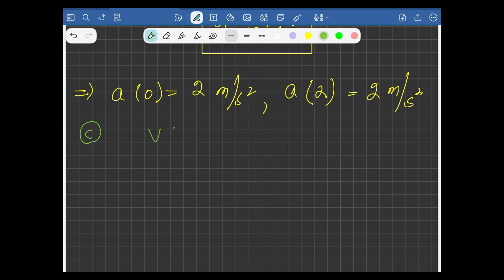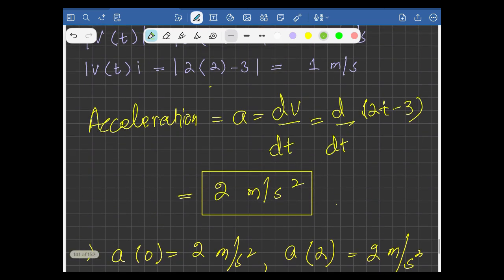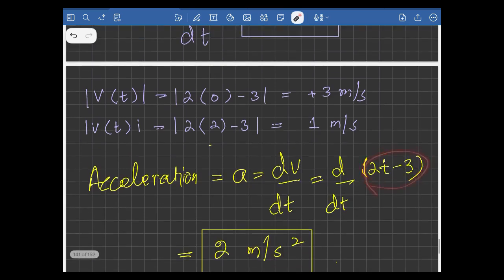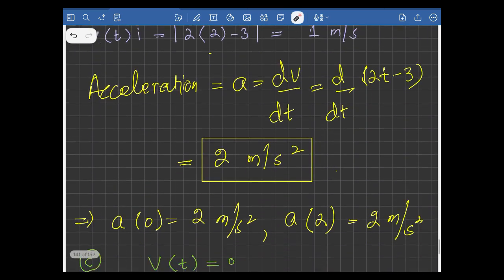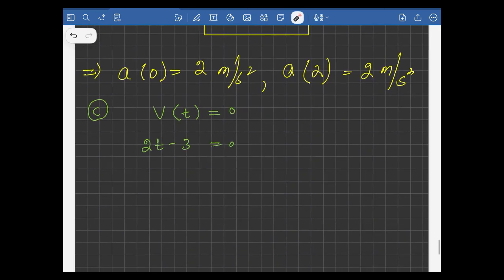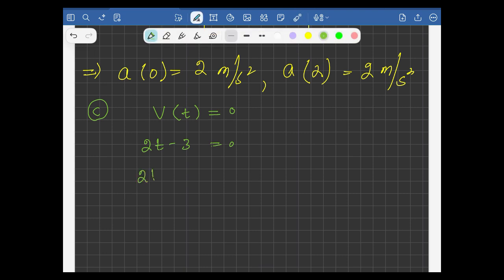So let's suppose velocity at time t equals 0. Velocity, remember, is 2t minus 3 equals 0. Then we simplify it for the time. So time becomes equal to 3 by 2 seconds, or 1.5 seconds.